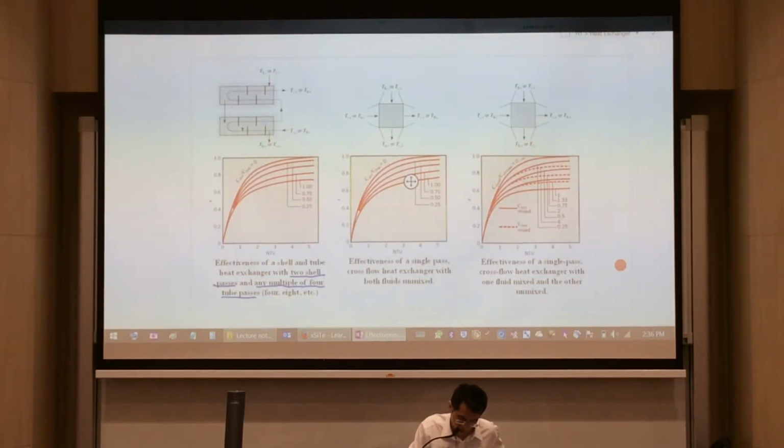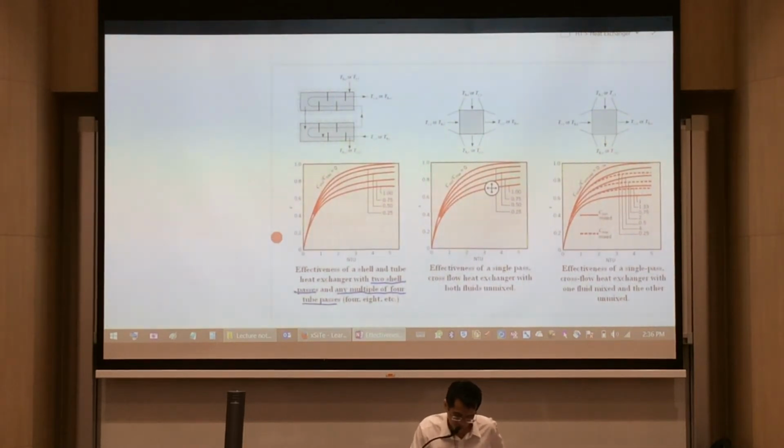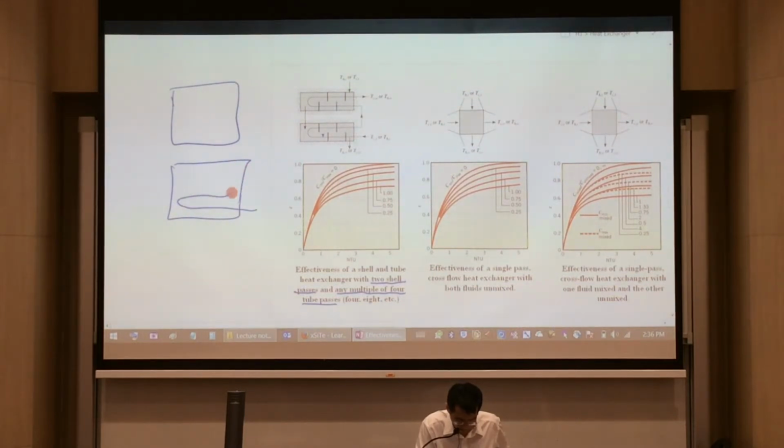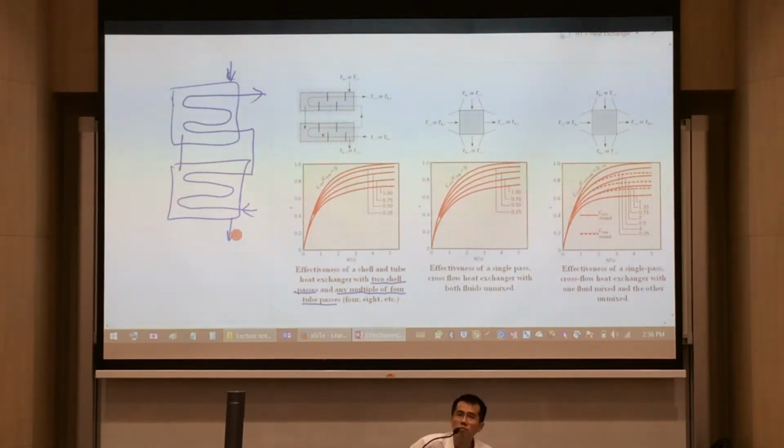You could use this graph if you have the case of two shells and only two shells, and multiples of 2 tube passes. This is in, and this is connected, and this is out.